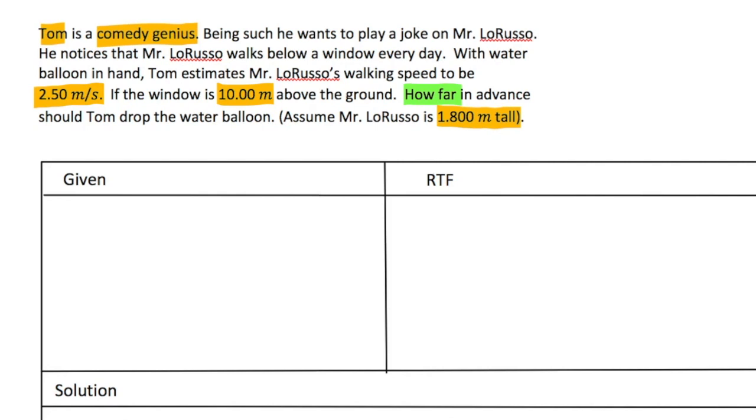Specifically, my walking part is happening along the x-axis, and that is constant motion, where the water balloon is being dropped and it's subject to the acceleration due to gravity, which I did mention as a little aside in a previous video, that is 9.8 meters per second squared down.